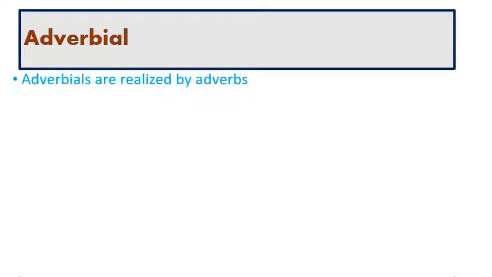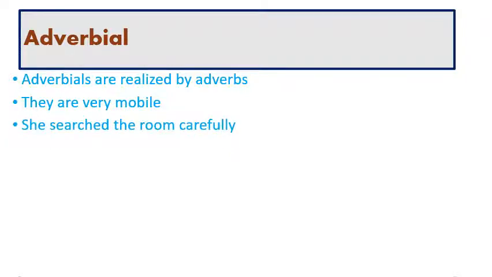Then let's look at adverbial. An adverbial is realized by adverbs, and they are very mobile. They can begin a sentence, they can occur in the middle of the sentence, and at the end of the sentence. So let's look at the following examples. She searched the room carefully. So carefully is the adverbial here.